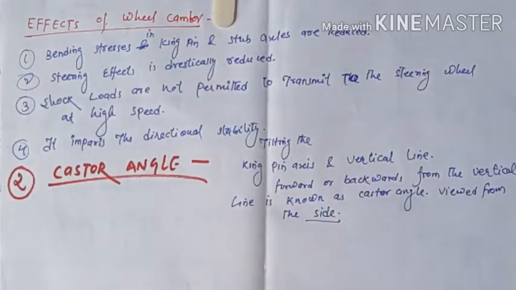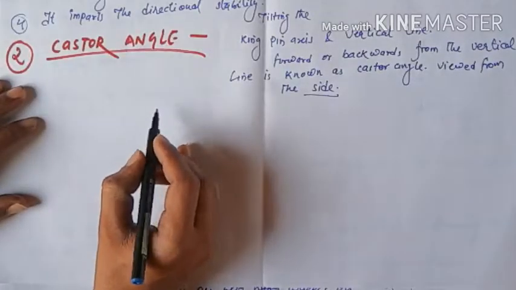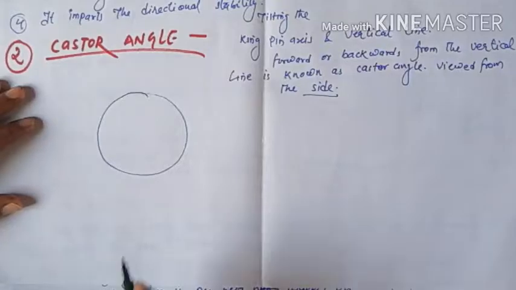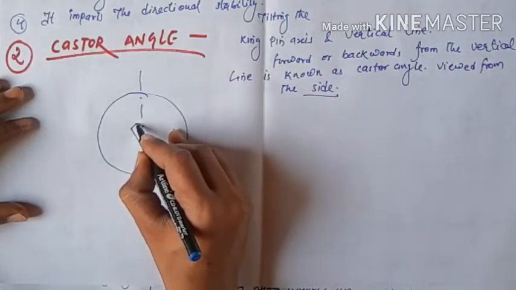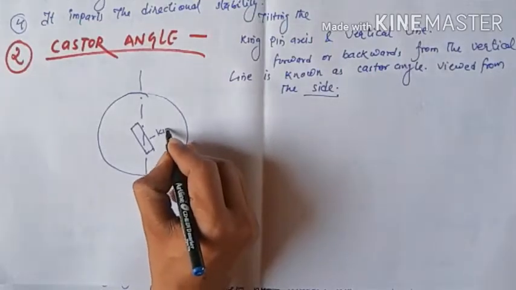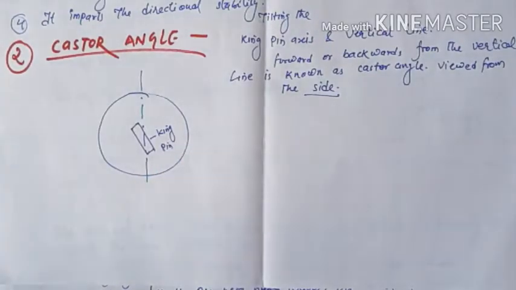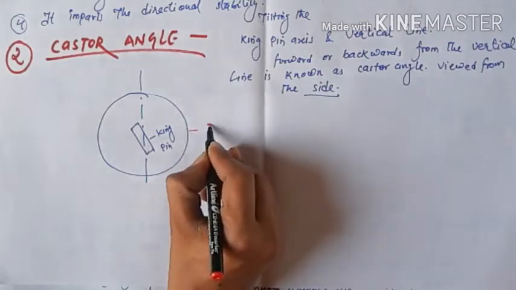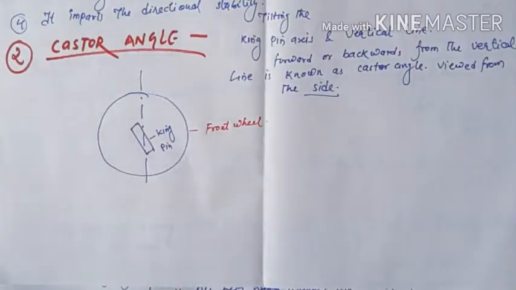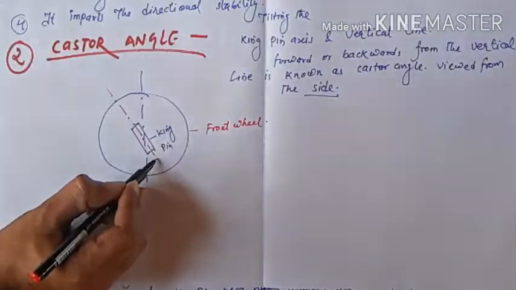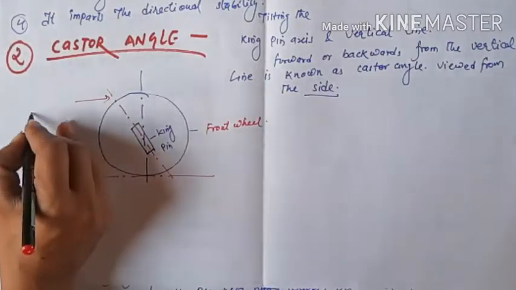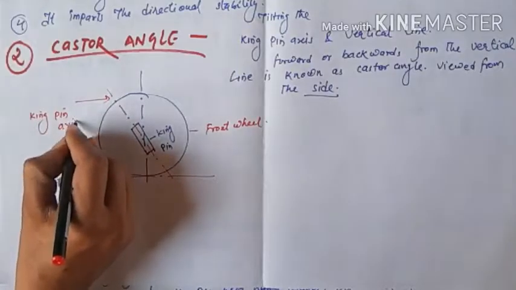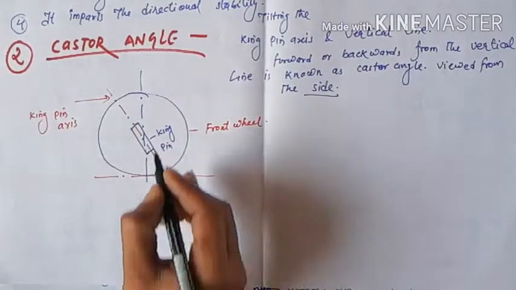Okay, so now what is this? Let's see. If this is your front wheel, and this is the center of the wheel, and here this is your kingpin, and the front wheel has a center line like this, then this is your kingpin axis, and this is the vertical.